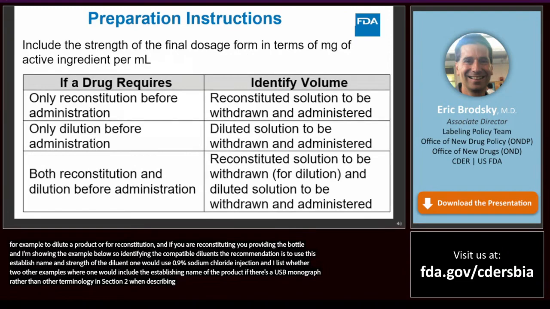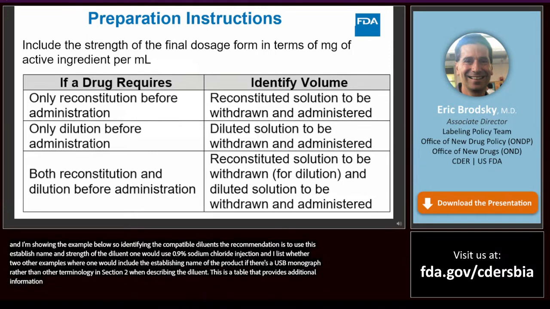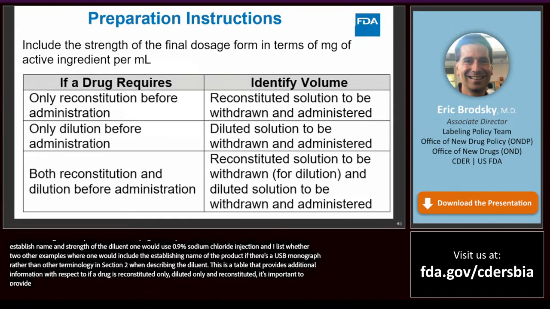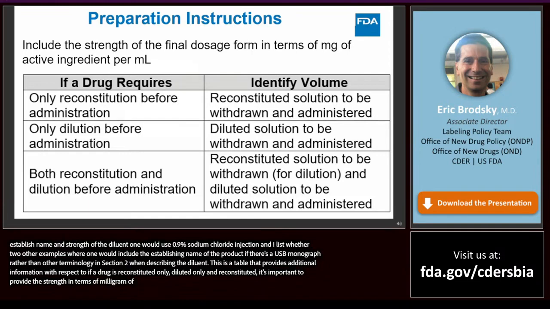So, preparation instructions. This is a table that provides additional information with respect to if a drug is reconstituted only, diluted only, or reconstituted and diluted prior to administration. It's important to provide the strength of the final dosage form in terms of milligram of active ingredient per milliliter.